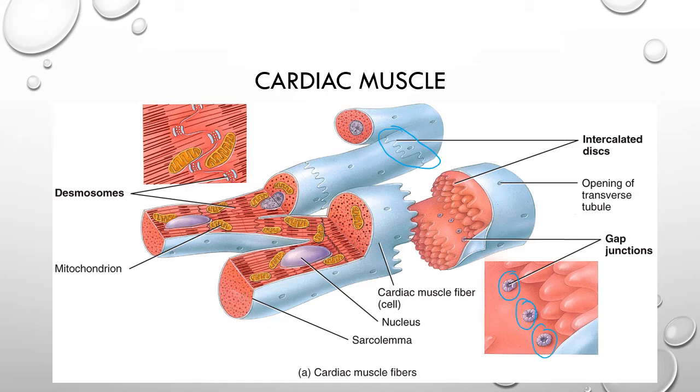And those gap junctions allow for movement of ions from one cell to the next. And so it's going to allow for us to move our calcium ions in between one cell to the next because the cardiac muscle doesn't have as well developed of a sarcoplasmic reticulum. And so much of the calcium for contraction is actually going to come from one cell to the next and ultimately come from the outside of the cell.